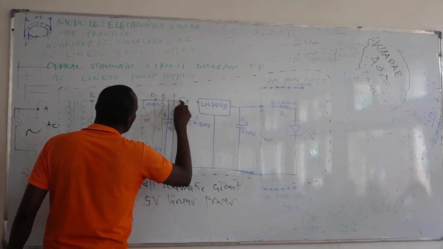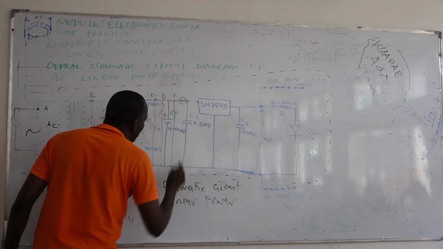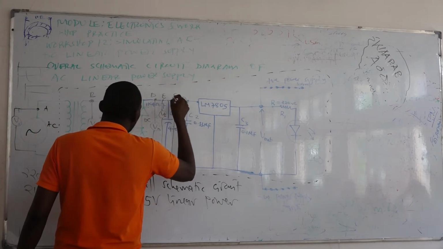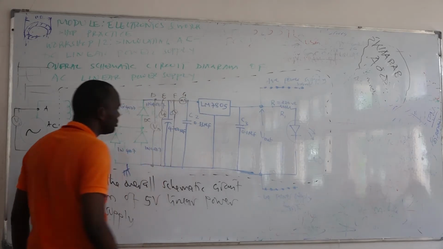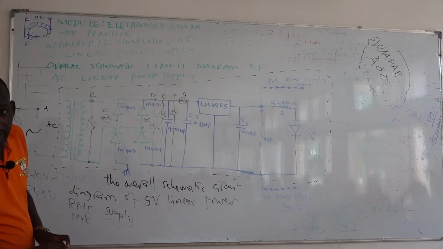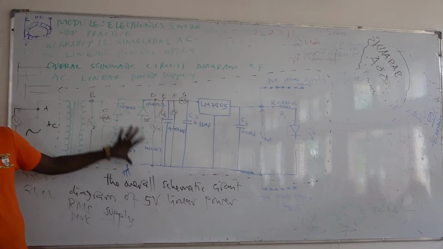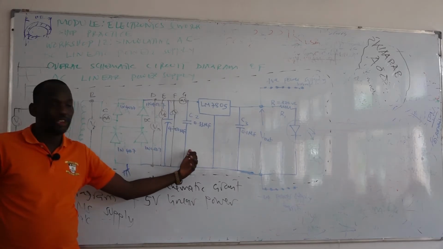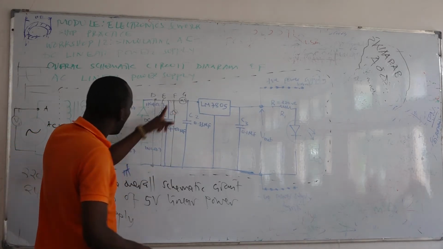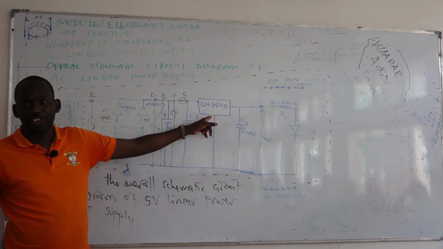So we also need to connect a milliammeter. So these will be testing points A, B, C, D, E, F, G. Are we together? Remember that the output of the rectifier is the input of the filter. The output of the filter is the input of the voltage regulator.